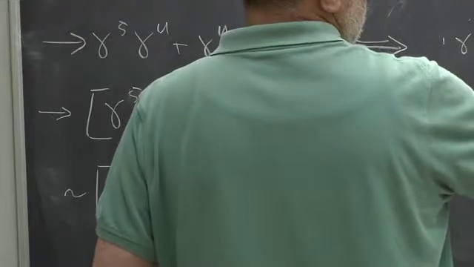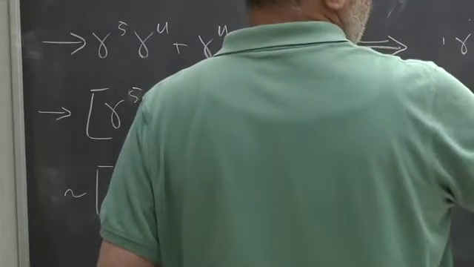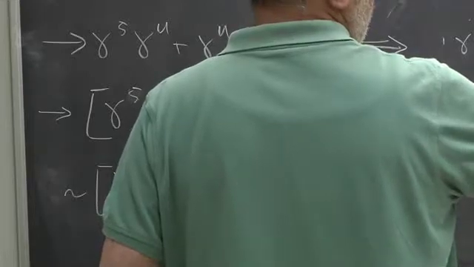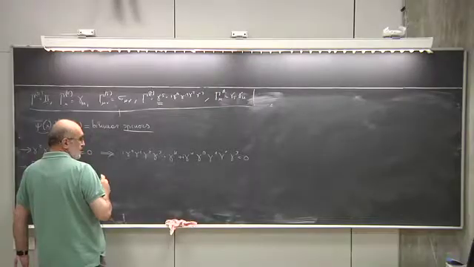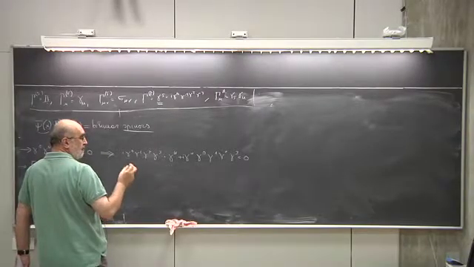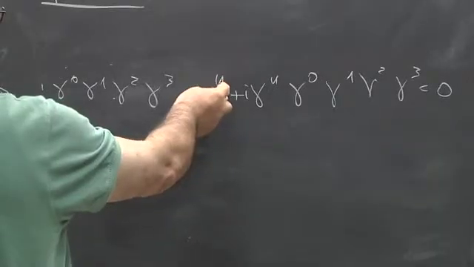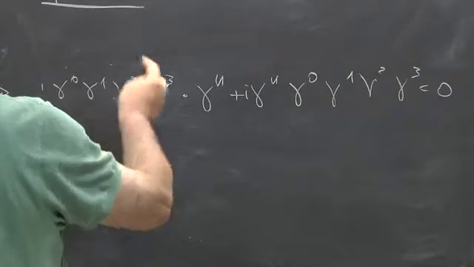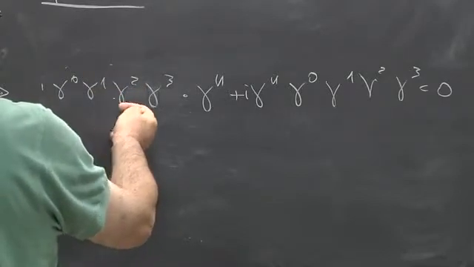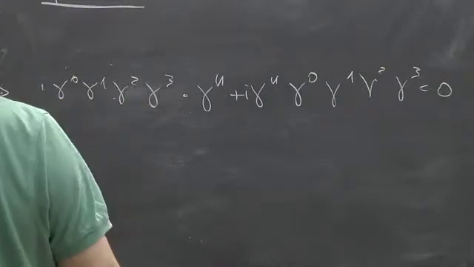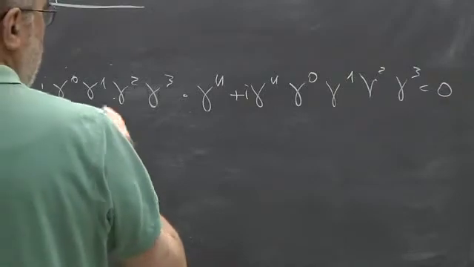Well, you see, every time it passes through these 4, it always gets a minus, except when it meets something that is the same. For example, suppose gamma mu is gamma 2, then here it does not pick up a minus sign, but what I can do is continue with the gamma 2 that is on the left, without exchanging the 2. So I know it does not pick up a minus sign.